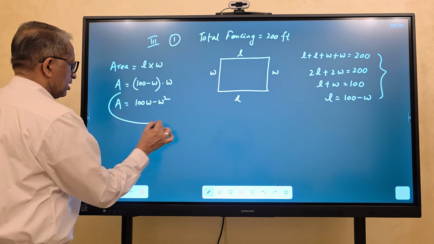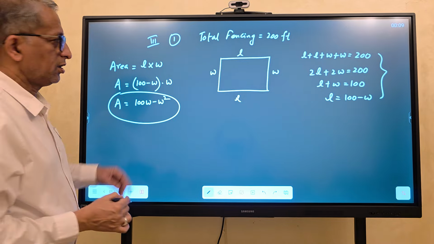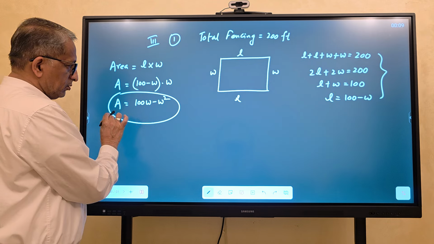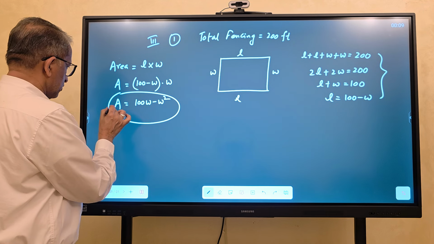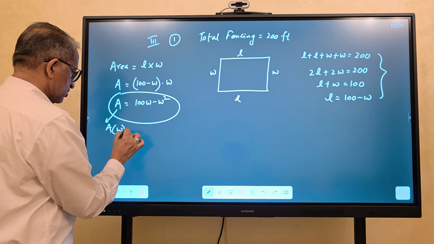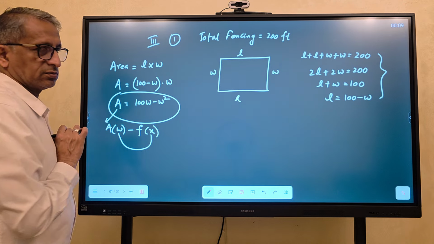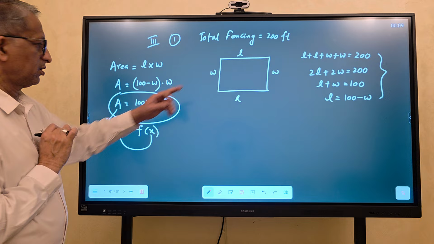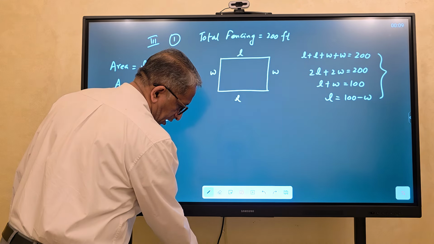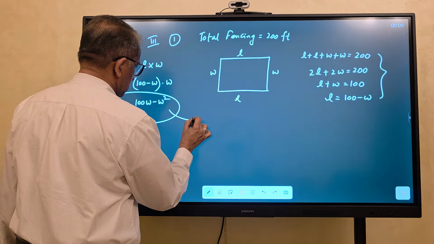So this is a quadratic function. The only change is that this is a function of W instead of f of x, so x is W here, that is width. The question is the greatest enclosed area, so let's see what A and B are here.